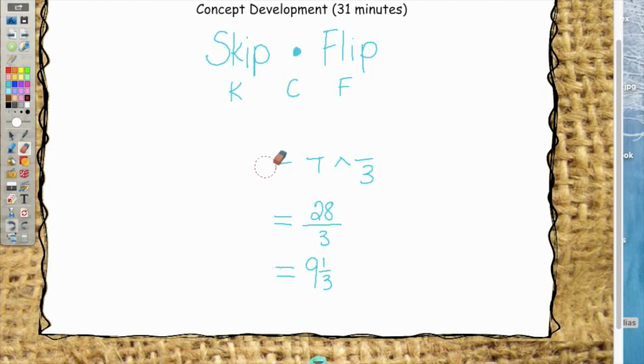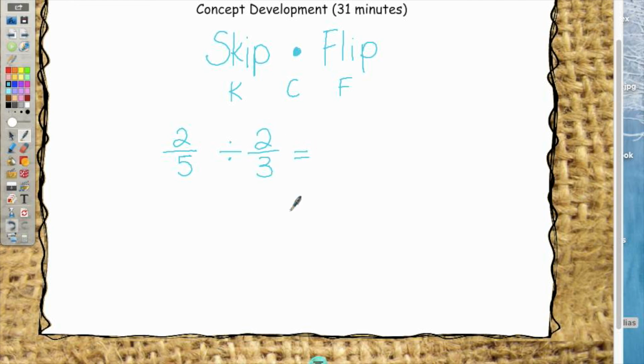All right, let's do one with 2 fractions and then we'll stop. Thanks for being patient and doing all this. Okay, so I'm going to do 2 fractions. I'm going to do 2/5 divided by 2/3 equals. Okay?